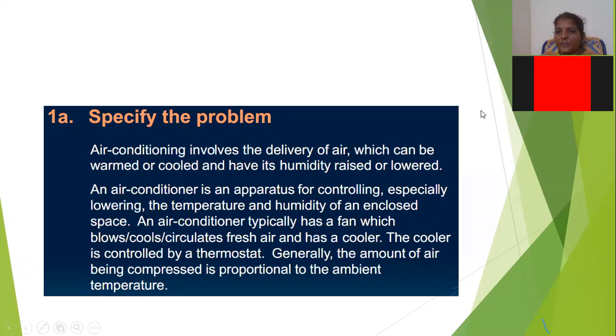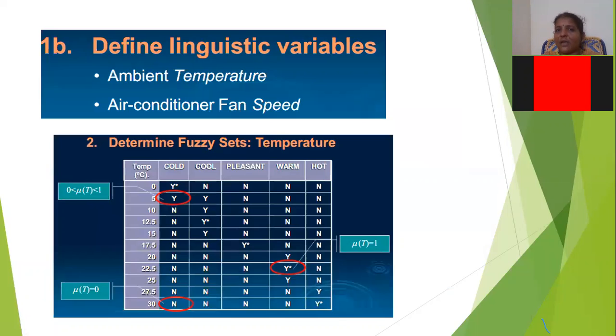So, you need to specify the problem first, then define linguistic variables. Here, your linguistic variables are ambient temperature and air conditioner fan speed. Based on these two linguistic variables, you are defining fuzzy sets.